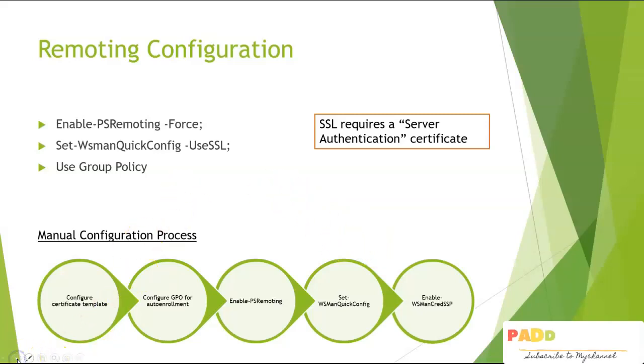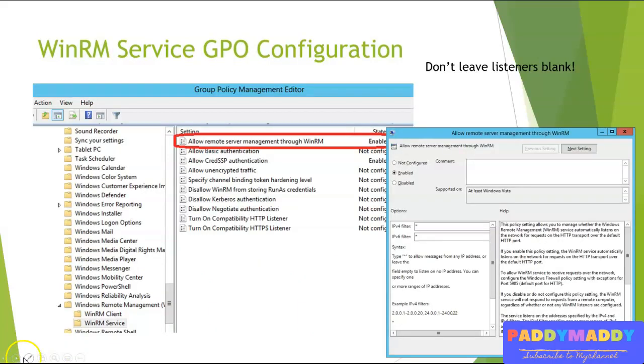As a next step, in the next slide, you can also configure WinRM with group policy on a larger scale. Why do we talk about a larger scale? Because PSRemoting requires this specific service to run.